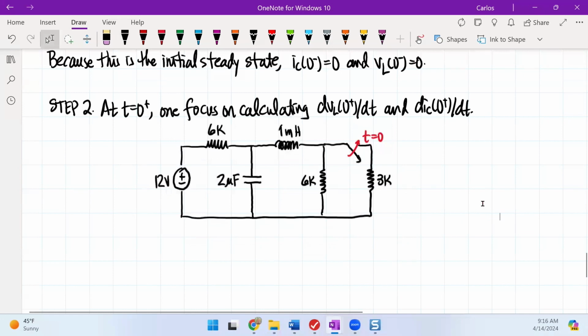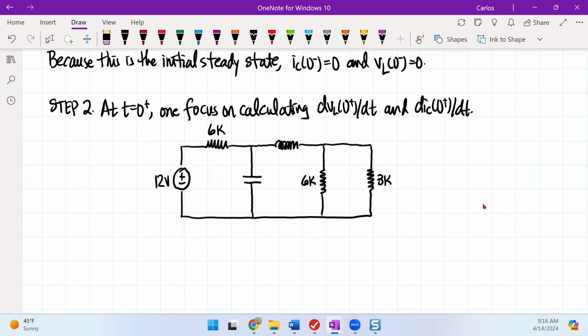So the switch now is closed. And I'm going to take these out because we don't care about the value of the inductor and capacitor right now.